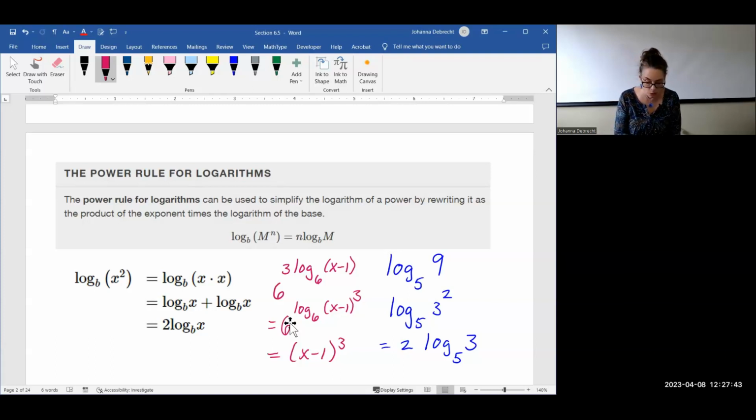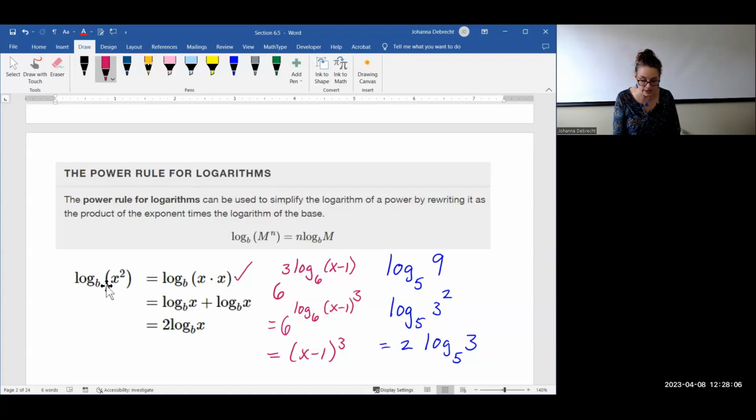What makes this work? Let's take a look over here on the left where we have log base b of x squared. Well, x squared means x times x. So I can rewrite it in this form that you see right here on the right side in the upper row. So this gives me multiplication in the answer part. And when I have multiplication, it means I add the logs.